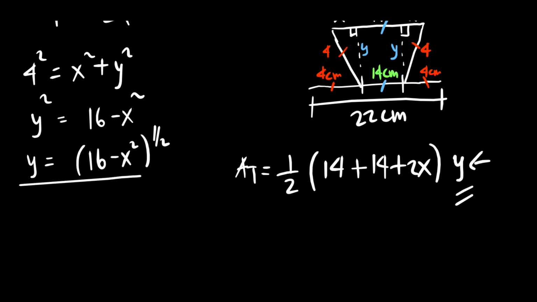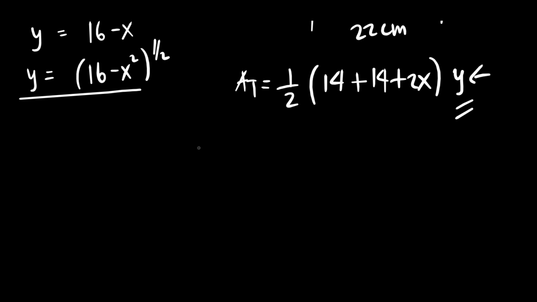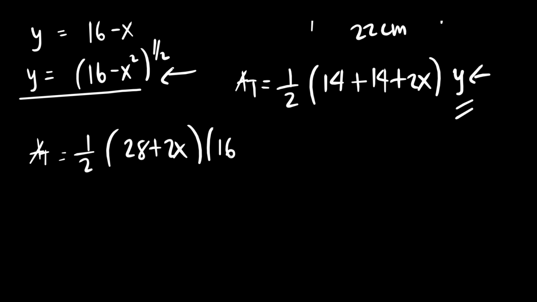After having that, the area of the trapezoid is equal to 1 half multiplied by 28 plus 2x multiplied by 16 minus x squared raised to the power of 1 half. So we'll differentiate with respect to x.